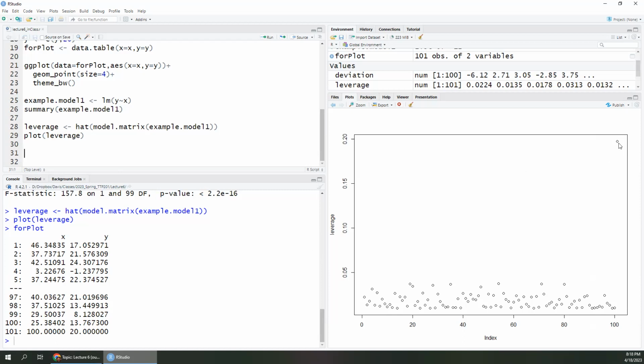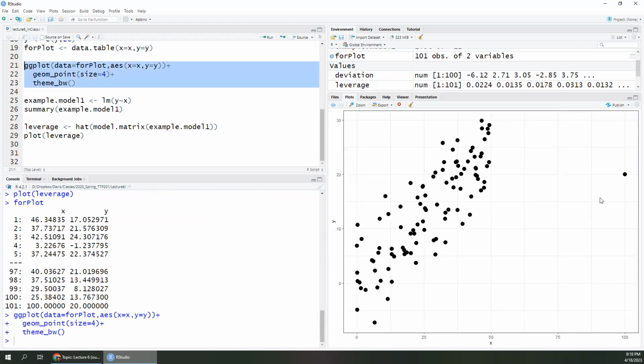And that's handy because in those cases, unlike in this example, you may not be able to visually see in a plot the fact that a point is an outlier, whereas with the leverage, you would.